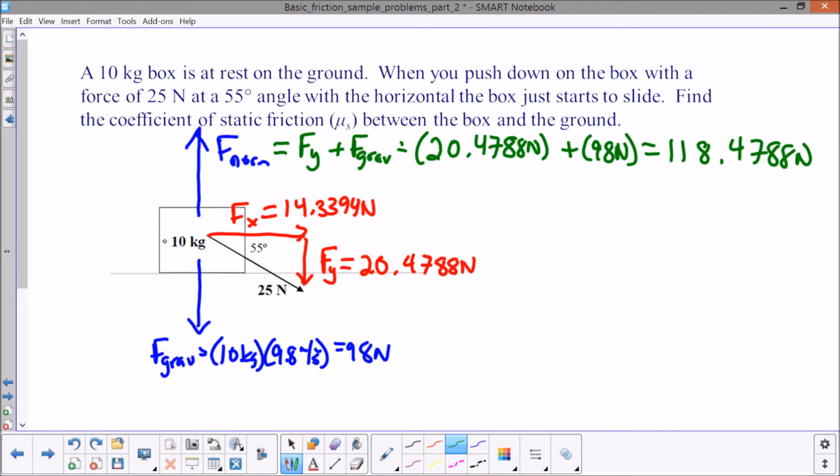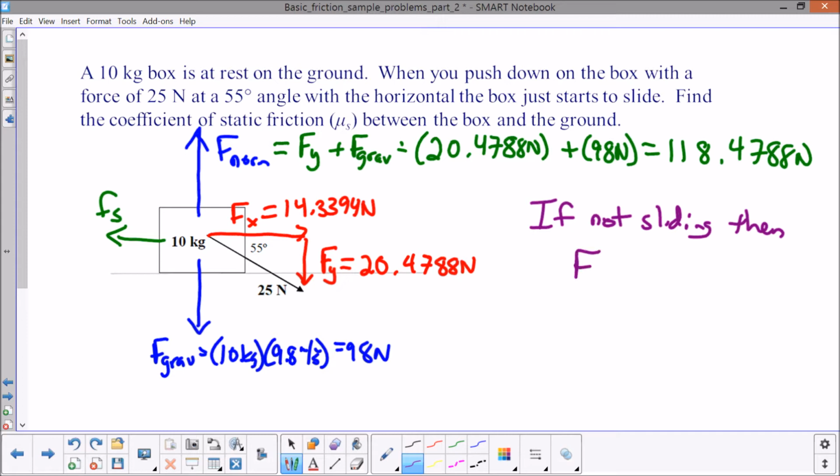The final force that we have acting on this box is the force of static friction. If the box is not sliding, that means that the forces parallel to the ground balance each other out.